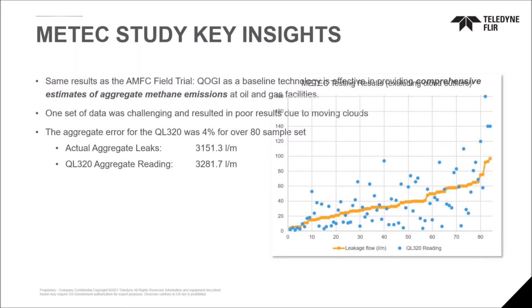Again, the dots are high and the dots are low, but the more data you compile, over a certain amount of time, over a basin, over a region, we had an aggregate error of 4%.